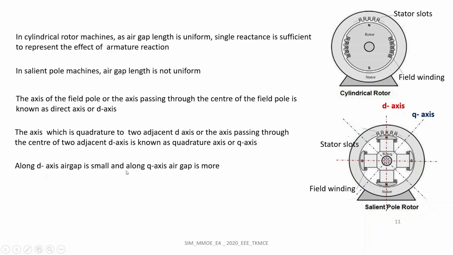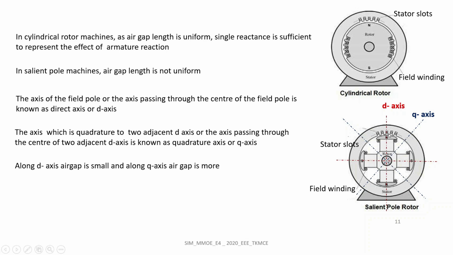Along the D axis, air gap length is small, and along the Q axis, air gap length is maximum. So as air gap length is not uniform, here we need two reactances to represent the effect of armature reaction. That is one along the direct axis and another along the quadrature axis.